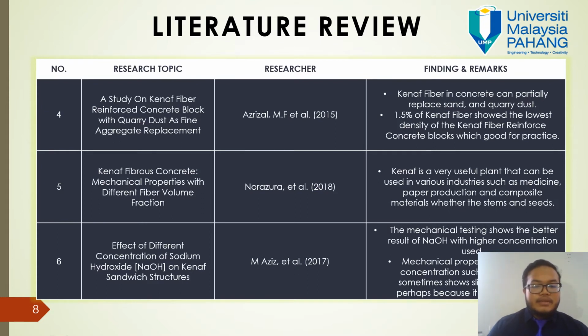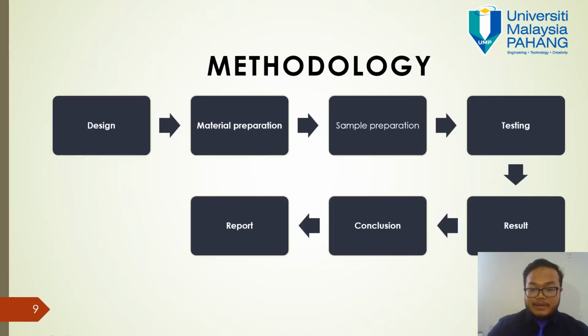And lastly, from the effect of different concentration of sodium hydroxide on Kenaf sandwich structure by M. Aziz et al., 2017, which states that mechanical testing shows better results with higher NaOH concentration. Mechanical properties with higher concentration such as 9% NaOH sometimes show a slight decrease, perhaps because it burned the fiber.